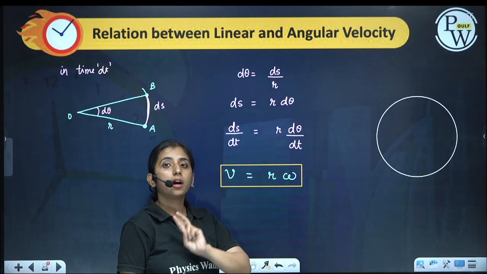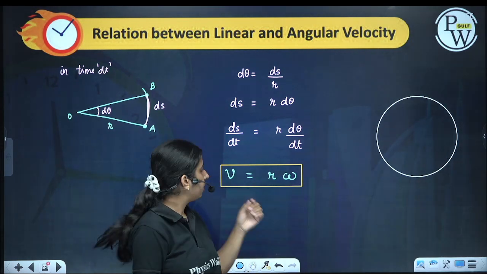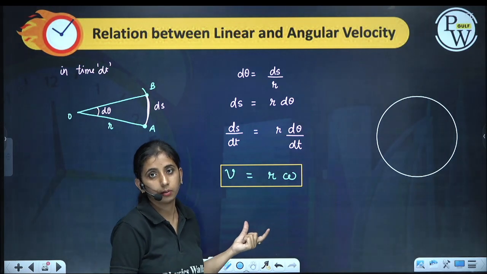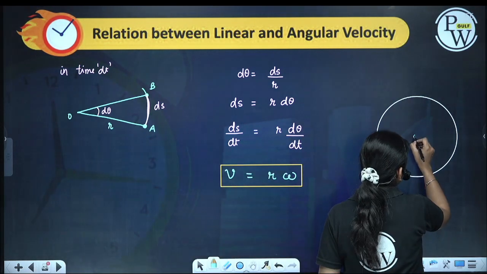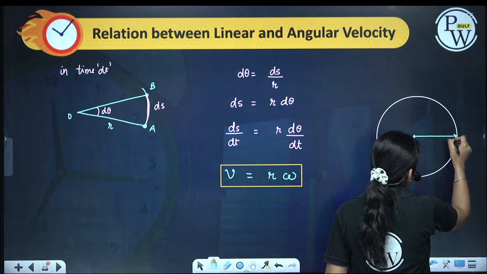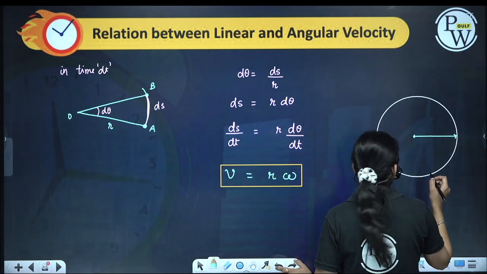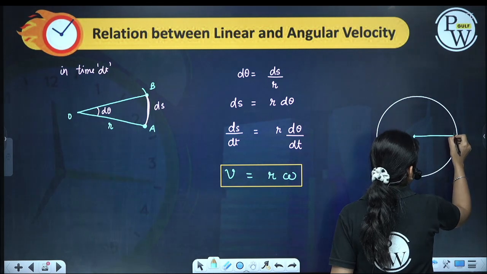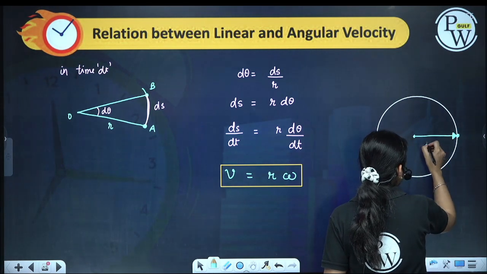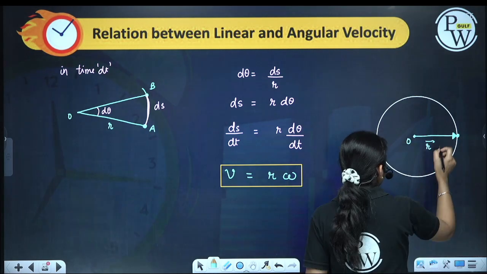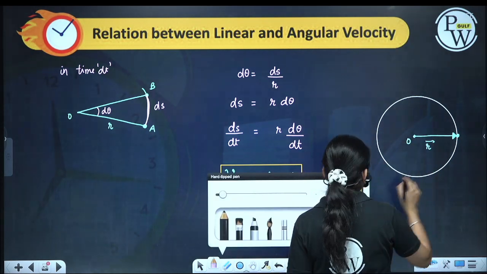The dot product of two vectors yields a scalar, so it must be a cross product only. So let us see whether it is omega cross r or r cross omega. This will be the position vector r of my particle from O.